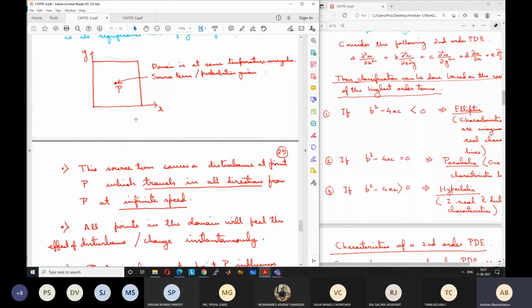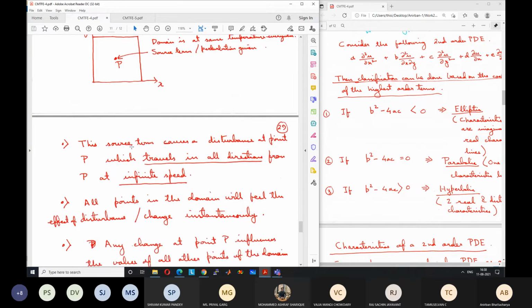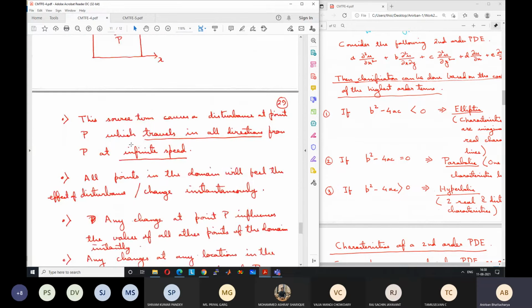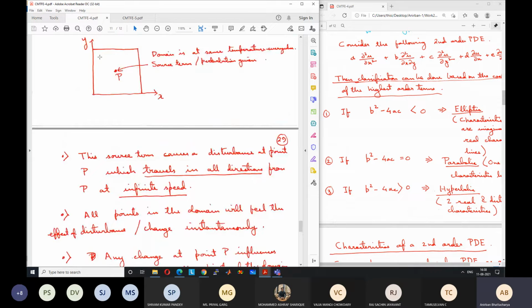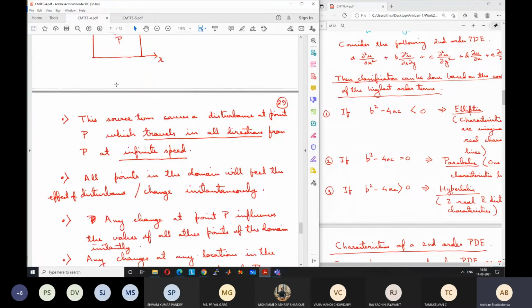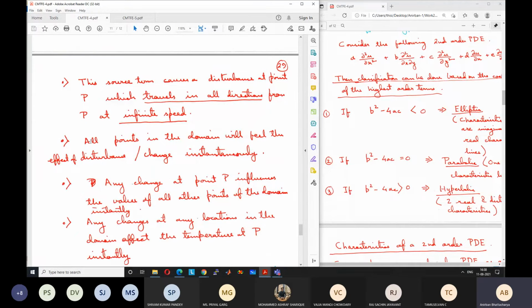In another way, we can say all the points in the domain will feel the effect of disturbance or change instantaneously. And the second thing is that if there is any change anywhere in the domain, this point P will immediately feel that change. Let us summarize this. All points in the domain will feel the effect of disturbance instantaneously.